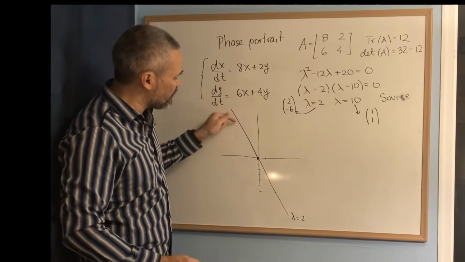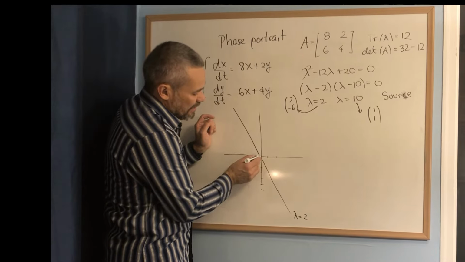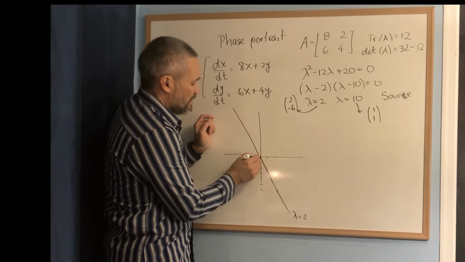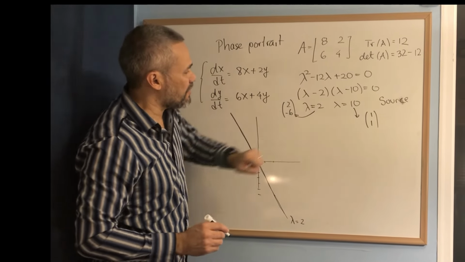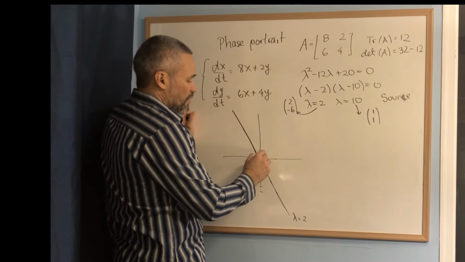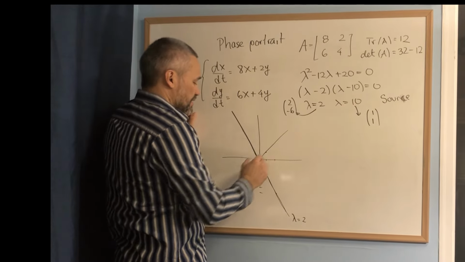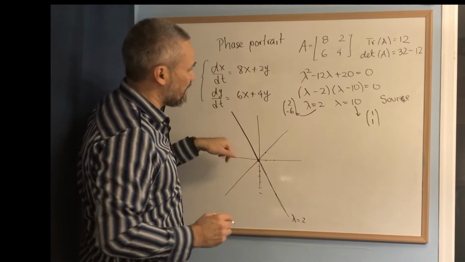Notice that we have to visualize this not as a line, but as two semilines, this semiline and that semiline. In this case, for lambda equal 10, we have the vector 1, 1. We connect 1, 1 with the origin, and we got the second line. And we should see this as two semilines.